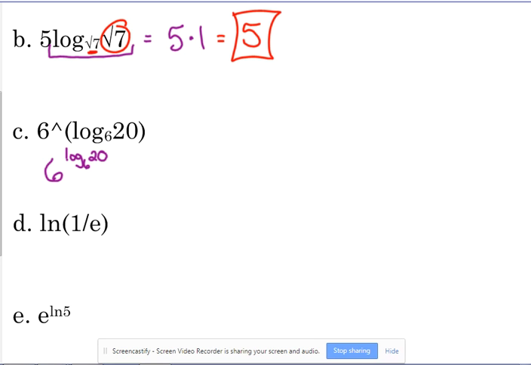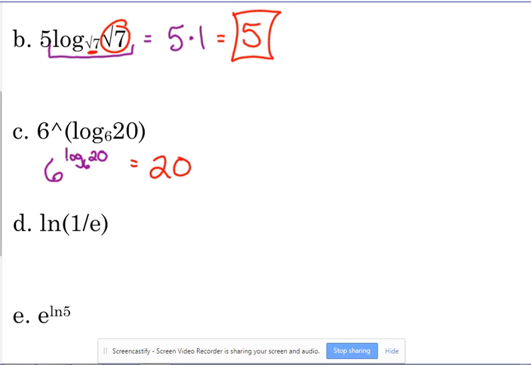But let's think about this. 6 to some power is 20 is the answer of what's in the exponent. And then I'm raising 6 to that power. So what's the answer? Think about that for a second. 6 to some power is 20, so whatever that answer is, and then I'm raising 6 to that power, the answer is 20.